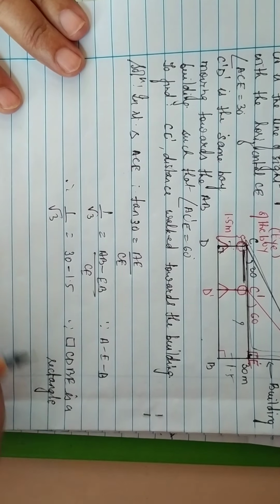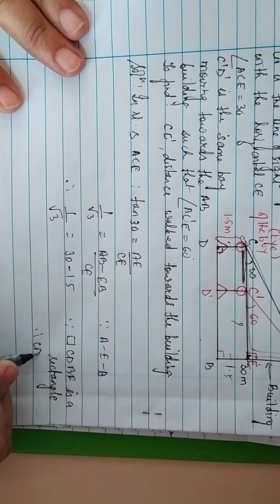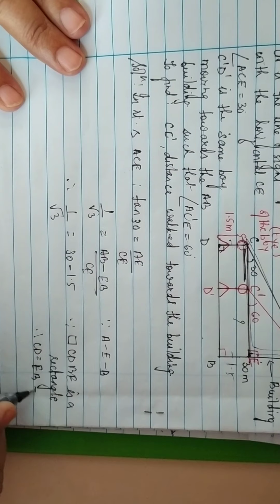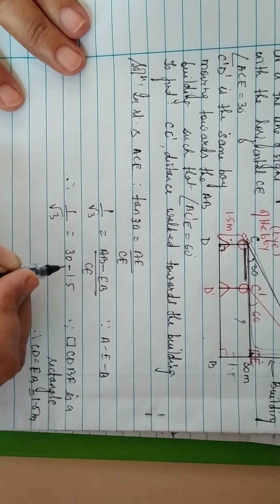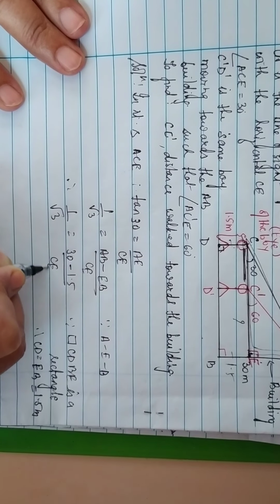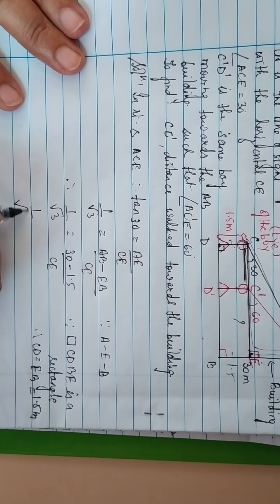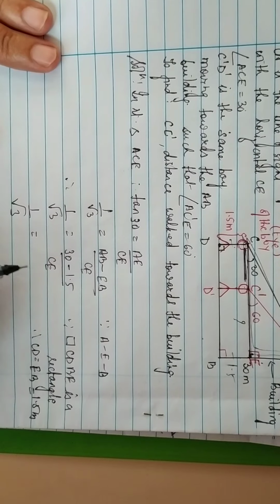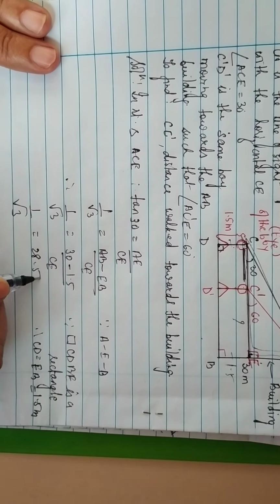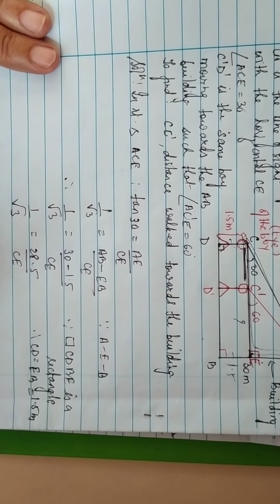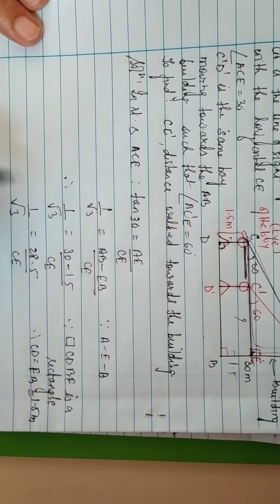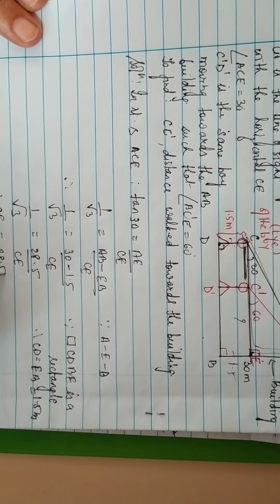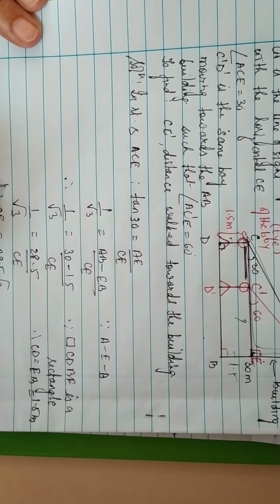Therefore CD is equal to EB is equal to 1.5 meter, upon CE. So 1 upon root 3 is equal to 28.5 upon CE. Now to get that length CE, CE is equal to 28.5 multiplied by root 3 meter. We got CE.